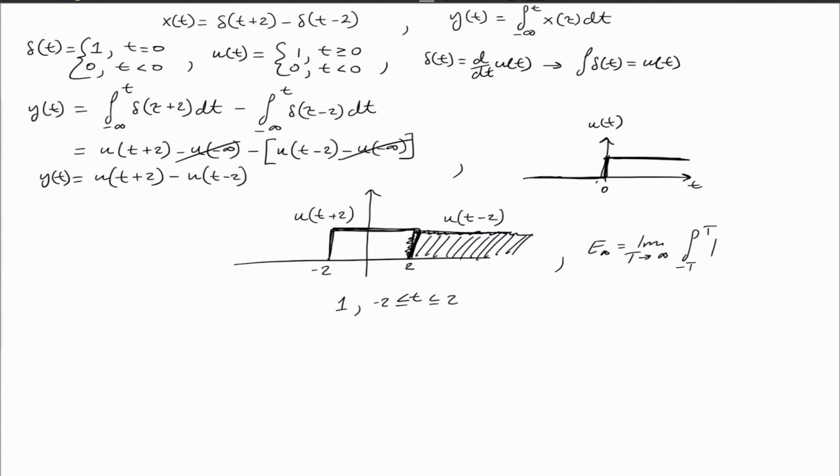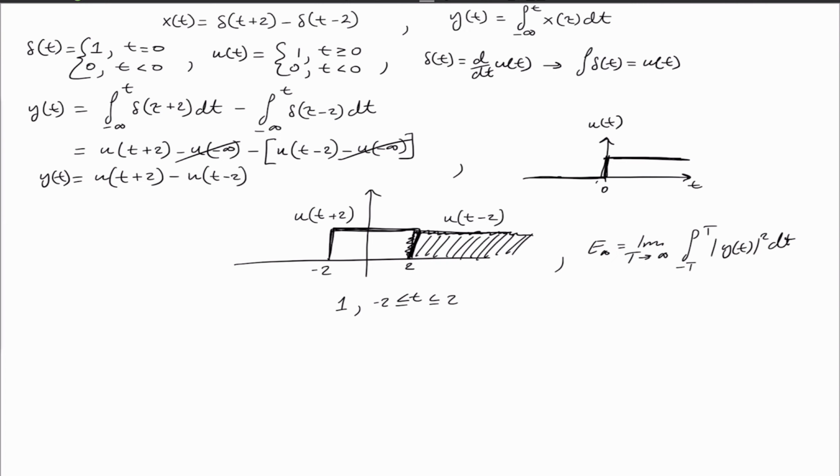In this case, this is y of t squared dt. We then see that outside of that interval, the signal will be 0, so it's only right we integrate for when the signal equals 1.